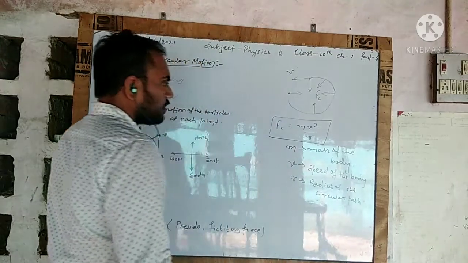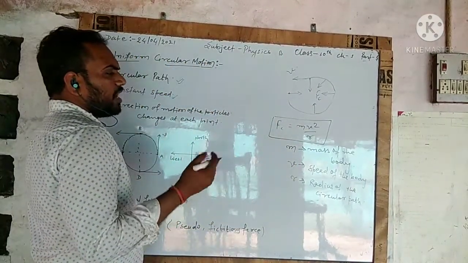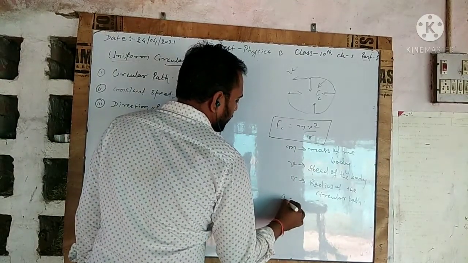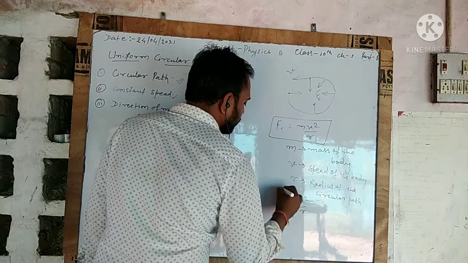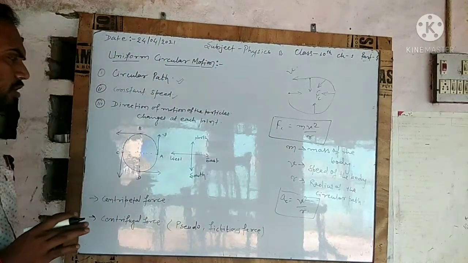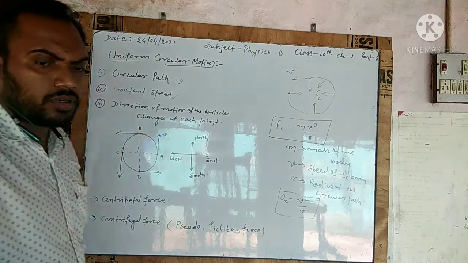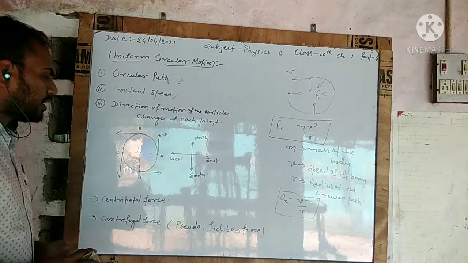As we know that force is equal to mass into acceleration, the centripetal acceleration is equal to v square upon r, which is not mentioned in your book. I'm a bit ahead for enhancing your knowledge.